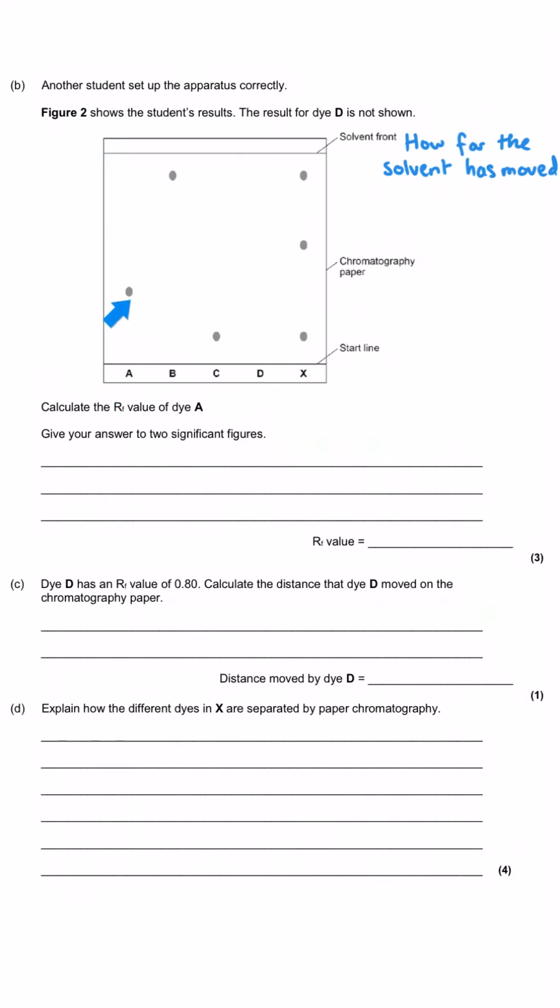And then we can see that substance A got this distance, maybe about a third of the way, B went nearly up to the top, etc. And we can also see actually on the right hand side that substance X has got 3 substances in, and we know that because they have all travelled different distances up the paper, so that we can see that X has got 3 things in their mixture.